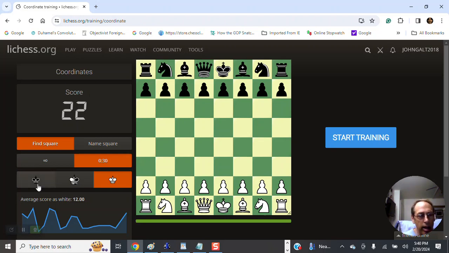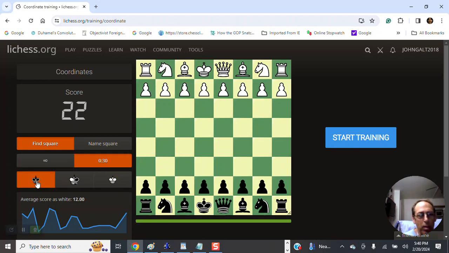And now let's try it from the black side. So A starts over here. We're looking at it from the other side of the board. This is A1. It goes 1, 2, 3, 4 like this. A, B, C, D like this. So this square is D4. So now we'll try it from here.